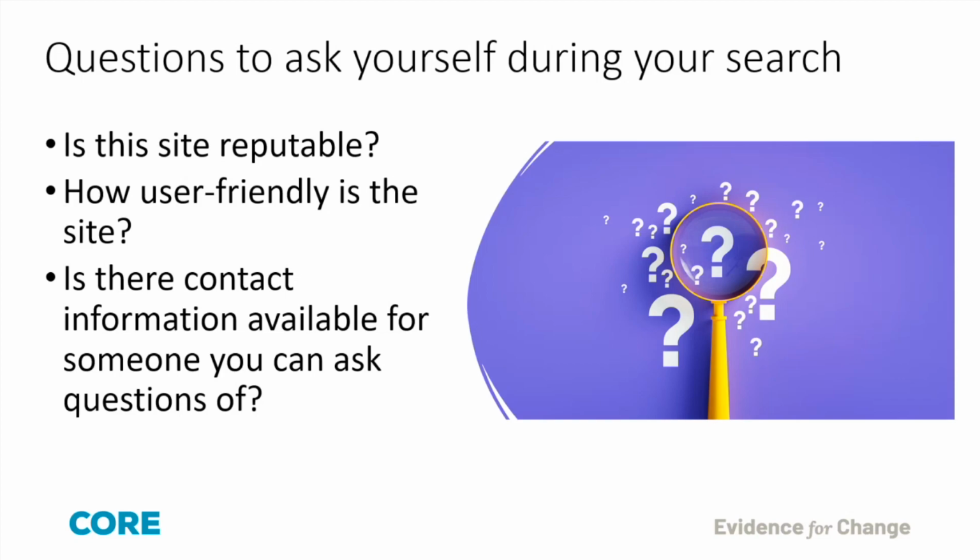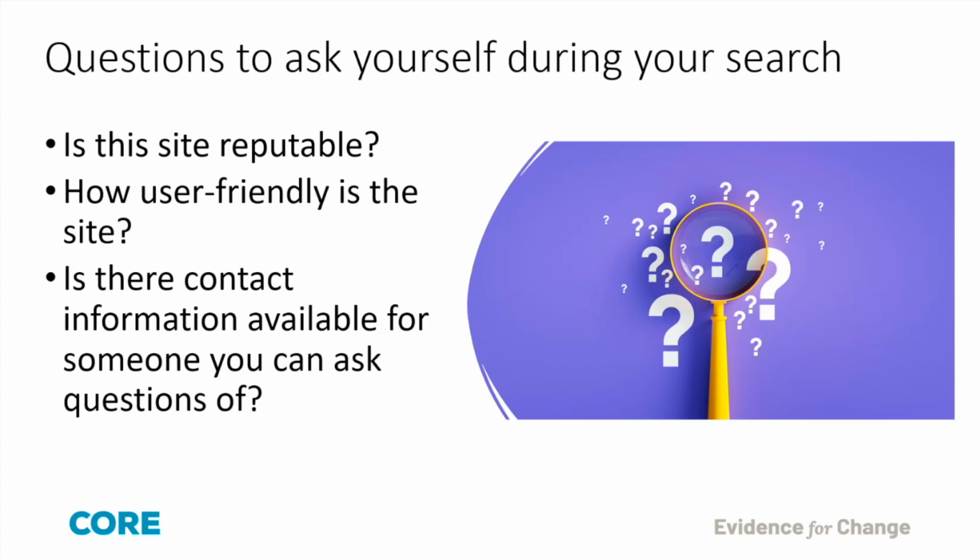How user-friendly is the site? It shouldn't be onerous to find things once you're on the website. So if you're really struggling to find the useful info, that might be an indication that you don't want to spend too much time hunting for it. And then, is there contact information available for someone that you can ask questions of?